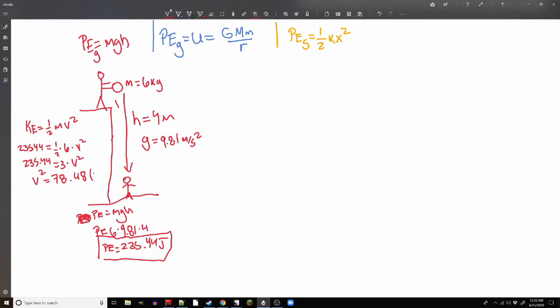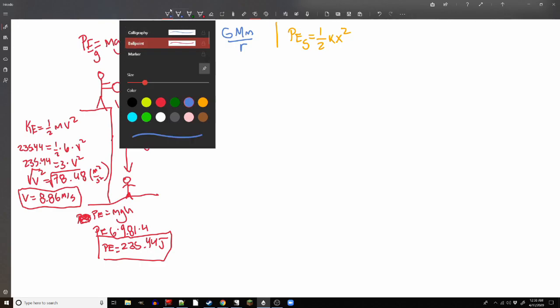The units of that are going to be meters squared per second squared, doesn't make a difference right now. And then we'll take a square root to get the actual velocity. Square root both sides. So v there is equal to 8.86 if I round up, meters per second. There you go. That's a pretty typical problem I would give, and you'll probably see one like that on the homework.